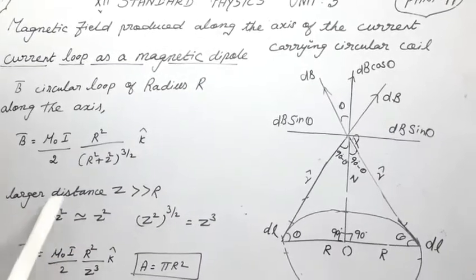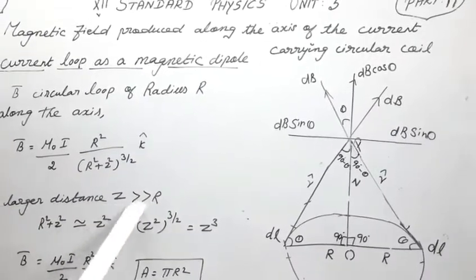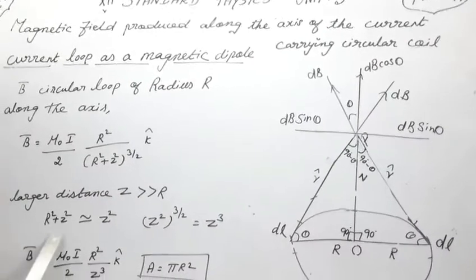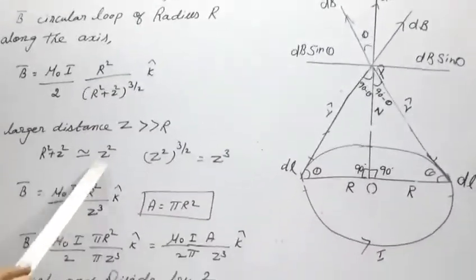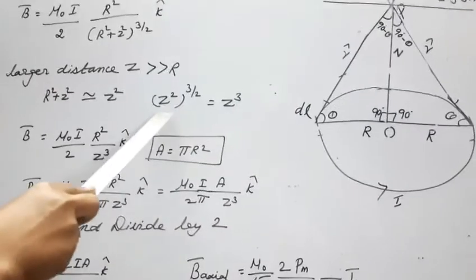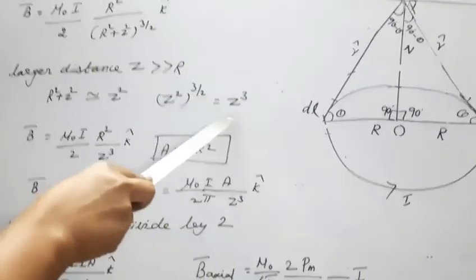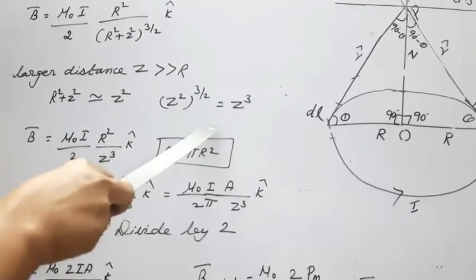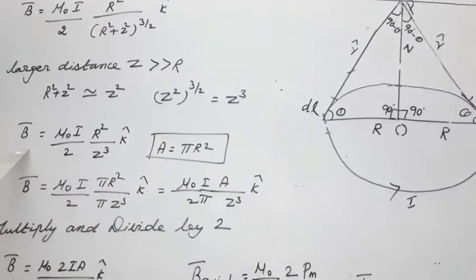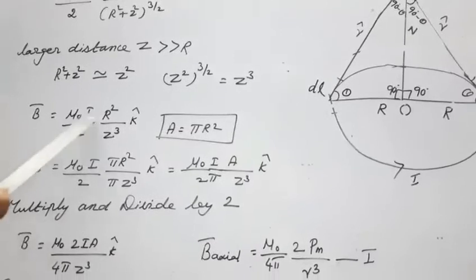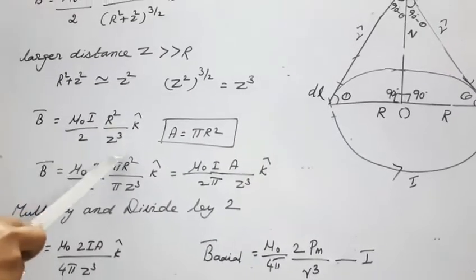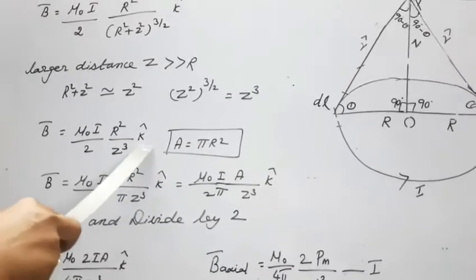Suppose this z value is greater than r, therefore r square plus z square is approximately equal to z square. When we substitute z square, the power is 3 by 2, therefore we can get z cube. So therefore B vector equal to mu naught I by 2, r square divided by z cube, k cap.